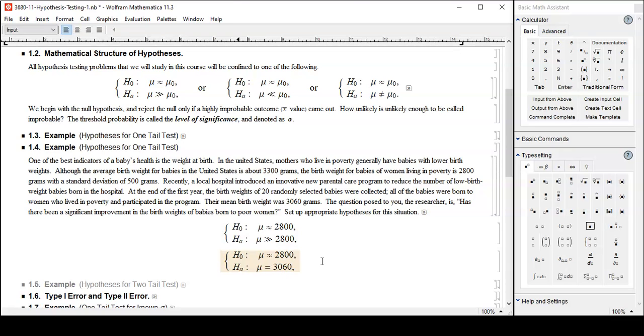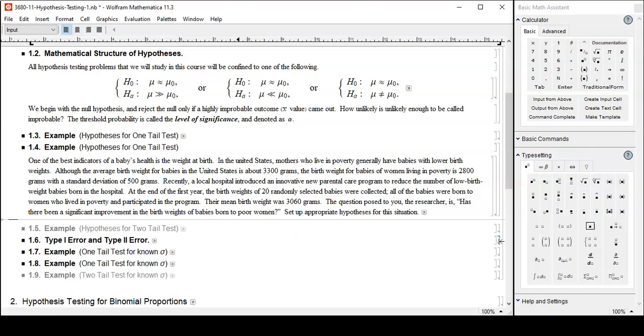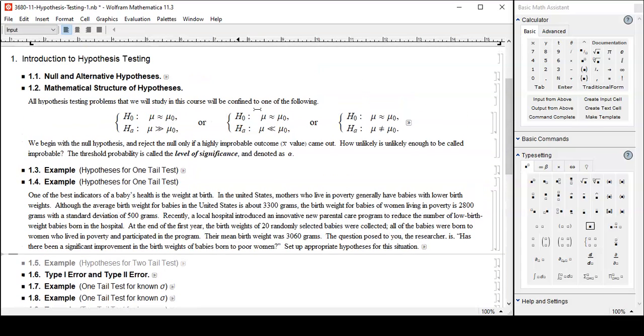We do not use the sample mean here at all. The sample mean is something we use for testing, not setting up hypotheses. Remember, all these numbers here are mu zeros. Zero means null. It came out of nowhere.